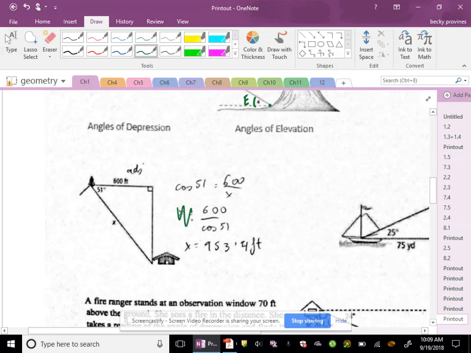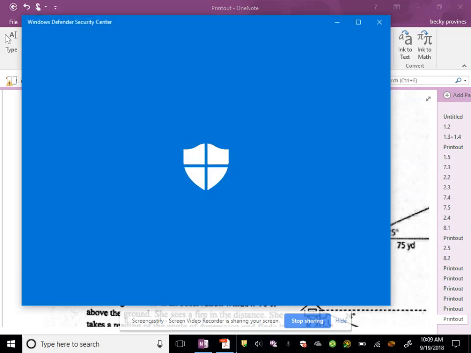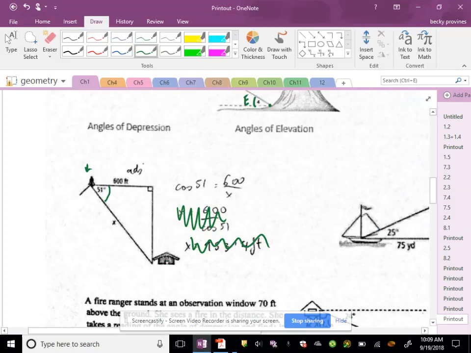A lot of this, I'm going to explain how to get there. If you're this person here, how do you get home? Again, you're just going to do what we've been doing, guys. You're going to say, which trig function am I going to use? I have the adjacent, I have the hypotenuse.